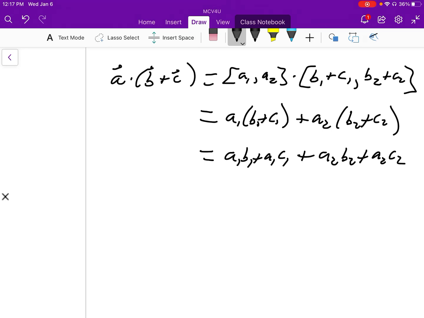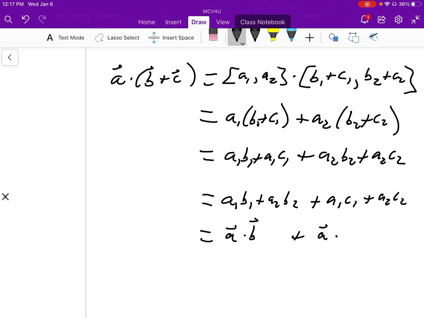We also know that scalars are commutative, so we can move these terms around. If we move the A1B1 beside the A2B2, you notice that this is the dot product between A and B. And when we move the A1C1 beside the A2C2, that is the dot product between A and C.